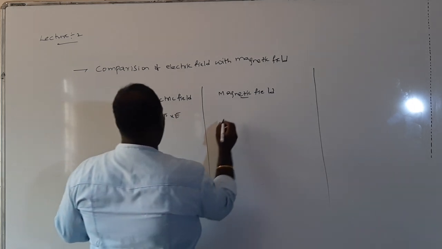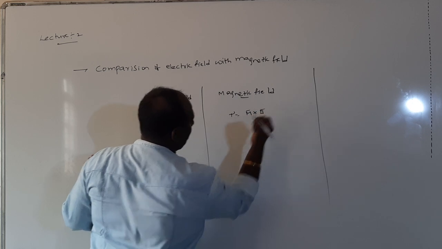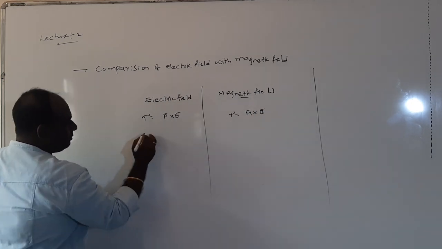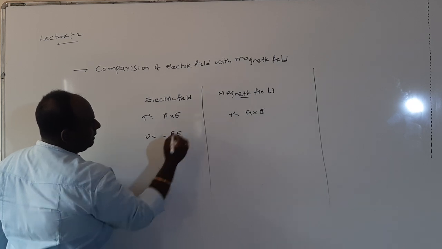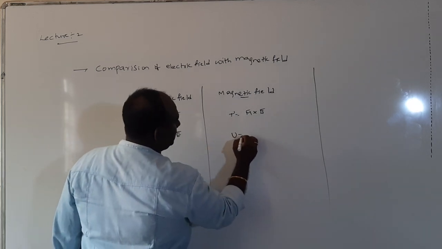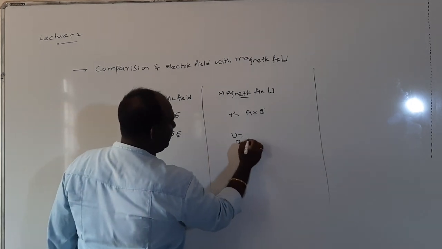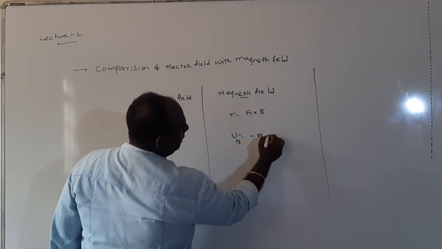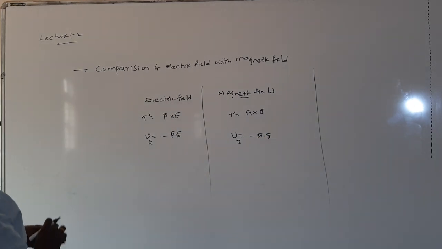In the same manner, torque tau is equal to m bar cross b bar. Work done, potential energy is equal to minus p bar dot e bar. We can write potential energy in electric field UE, potential energy in the magnetic field UB equal to minus m bar dot b bar. These are the comparison of electric field with magnetic field.